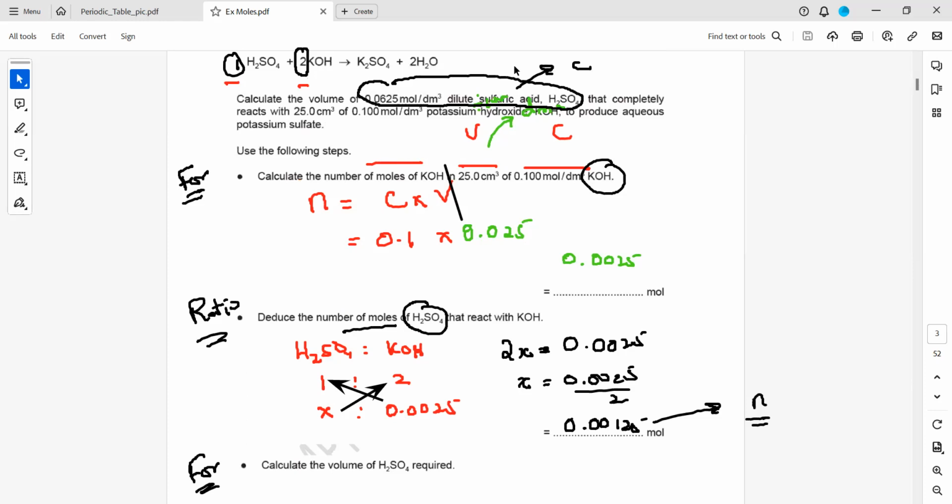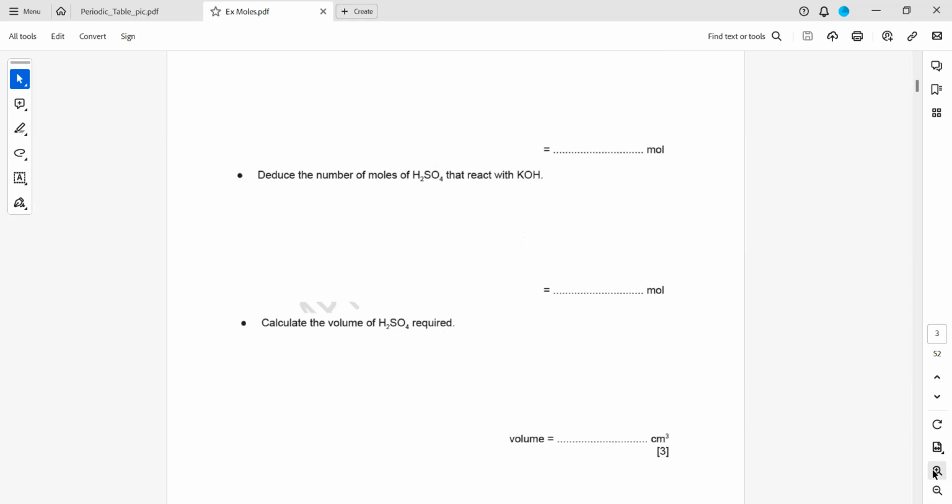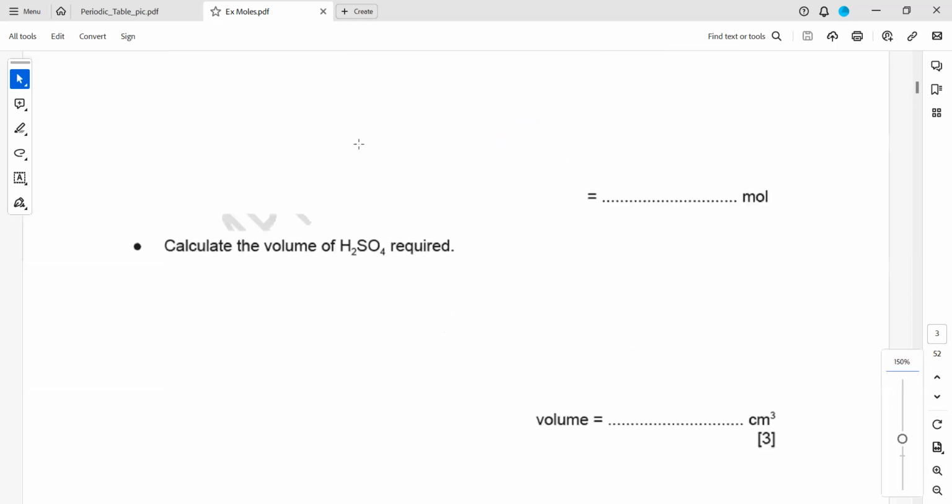The third formula is moles equal concentration into volume. We have the moles of sulfuric acid, 0.00125.